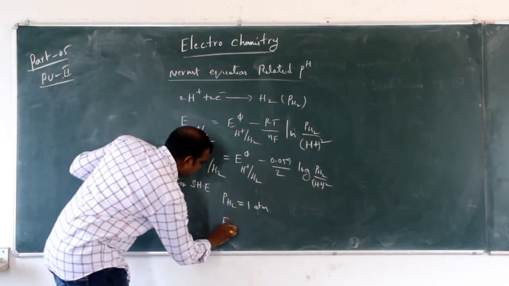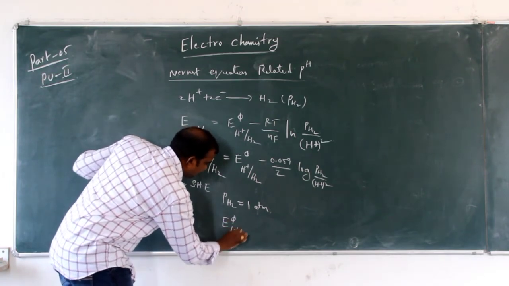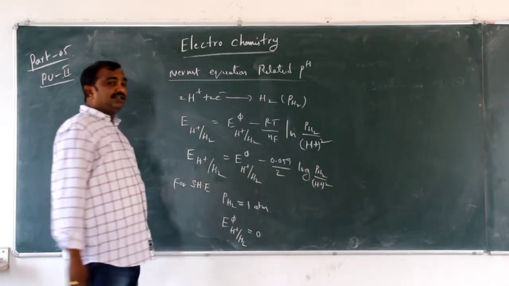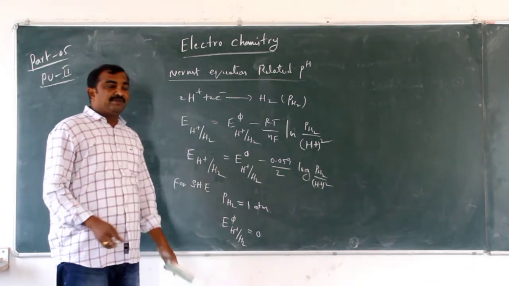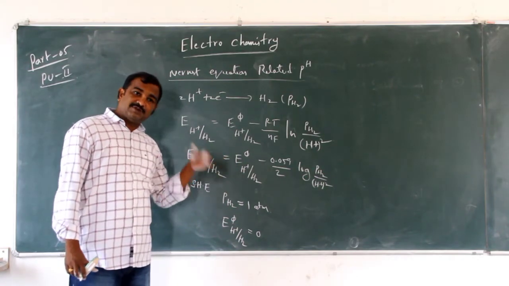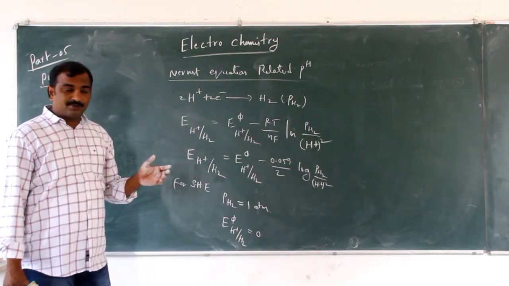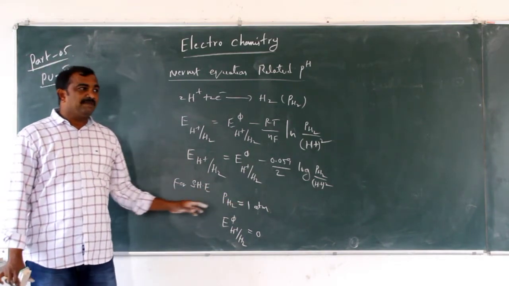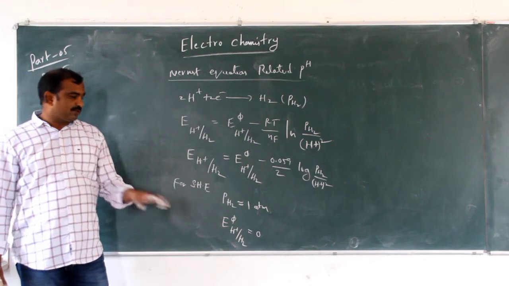Here E naught of H+/H2 is equal to what? 0. The standard electrode potential of SHE is 0, and we are exerting a pressure of 1 atmosphere.